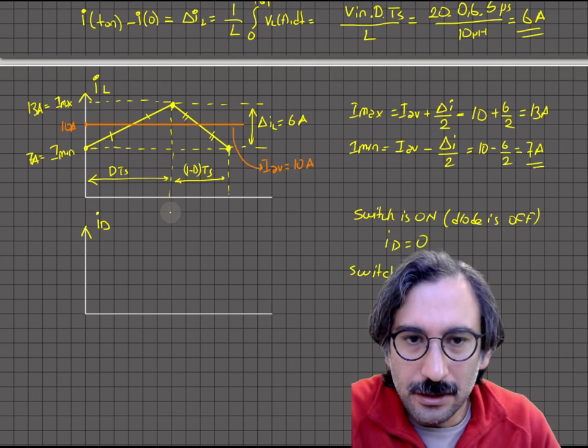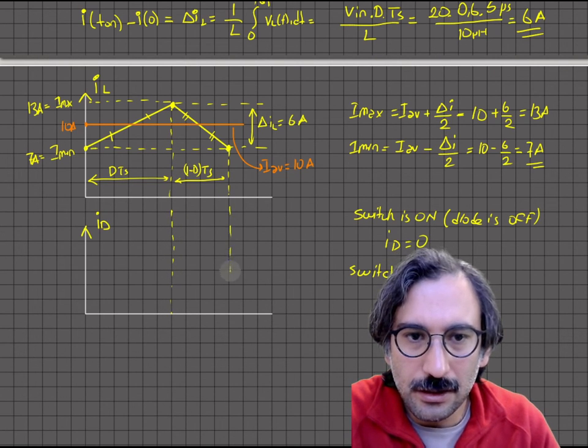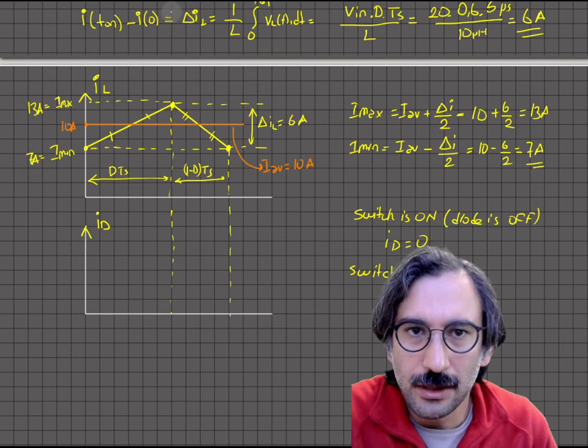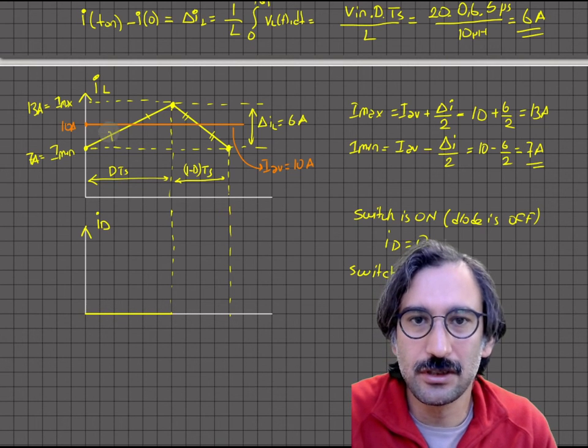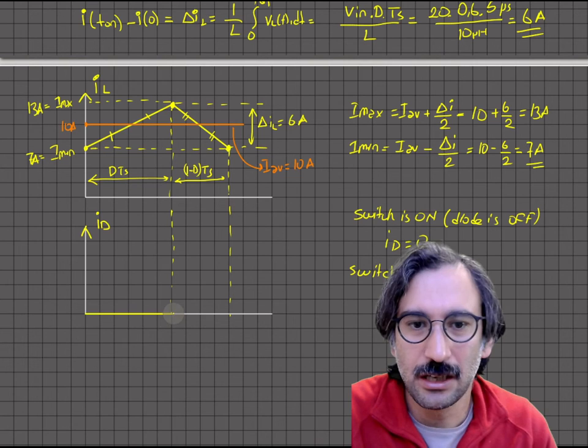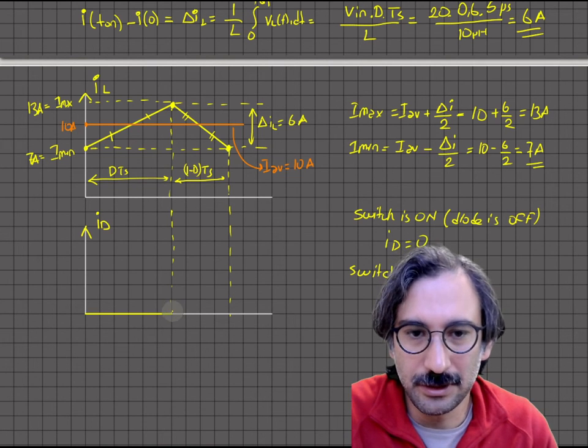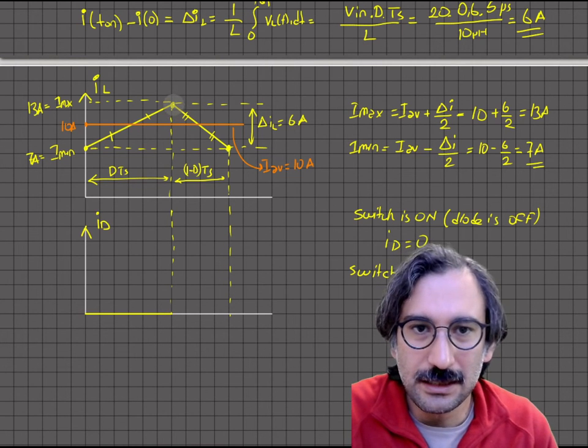So let me try to put those things here. Whenever the switch is on, whenever the inductor is charging, our diode current will be 0, then it will be exactly the same thing, okay.